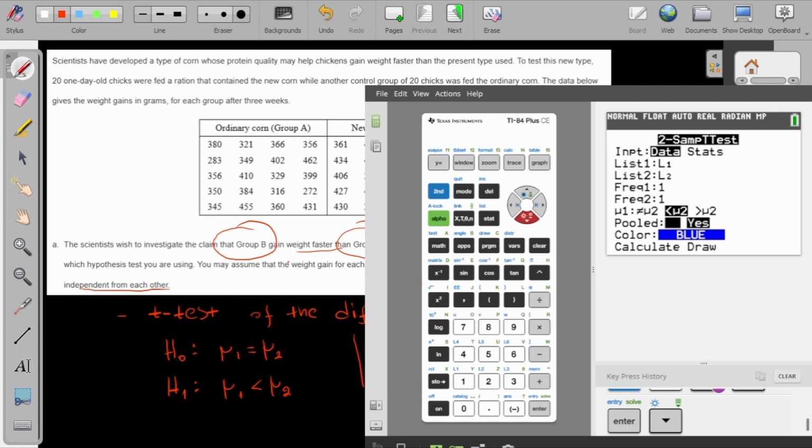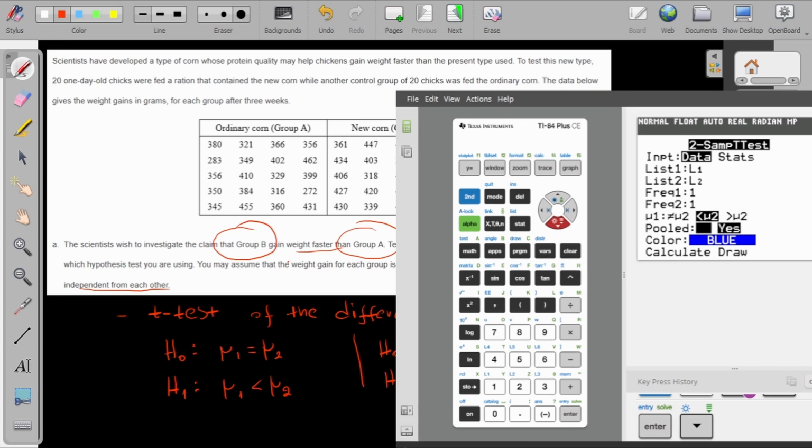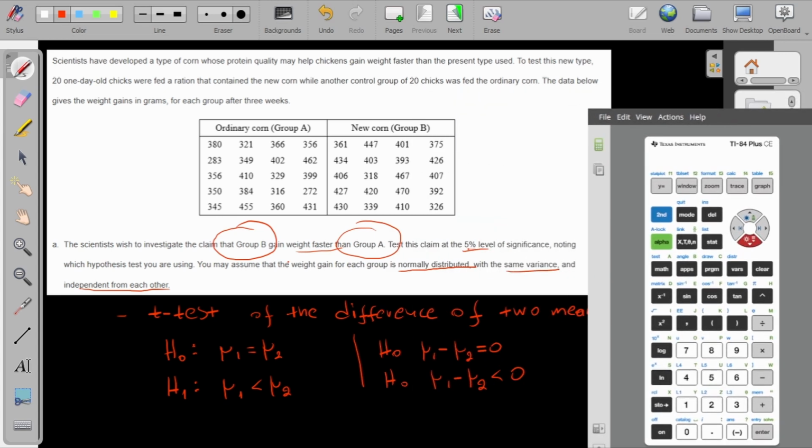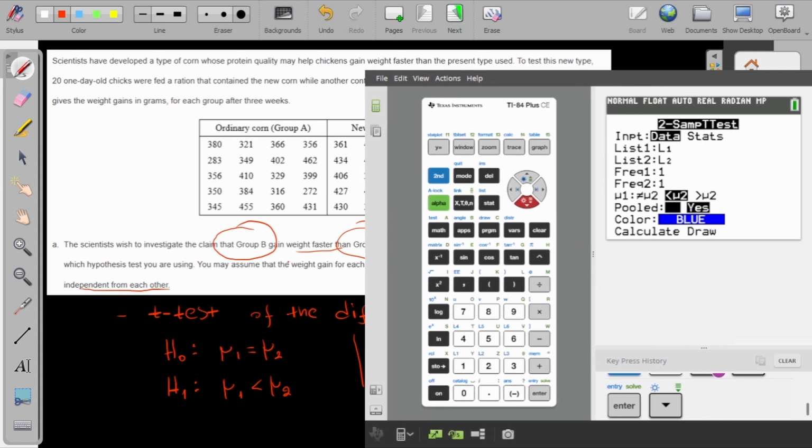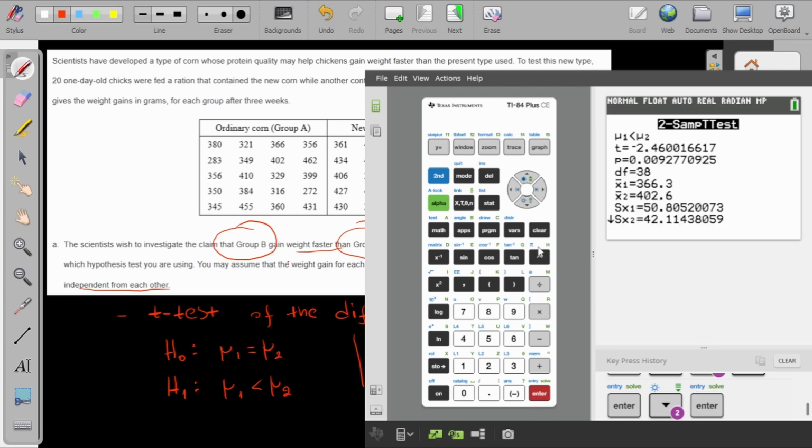So whenever I have the same variance in my problem, if you see it says the same variance here, that means that my data are pooled. So now I will conduct my test, pooled yes, and then calculate.